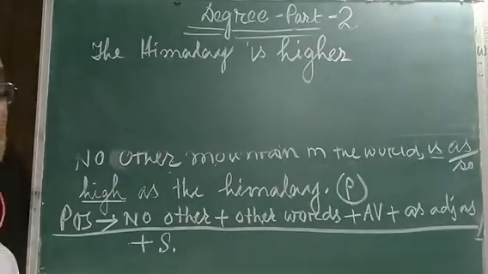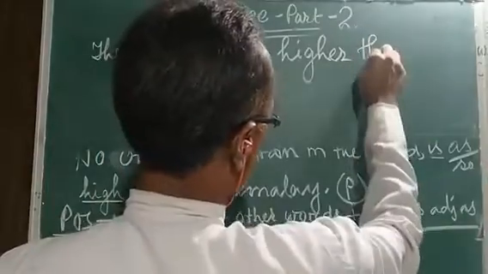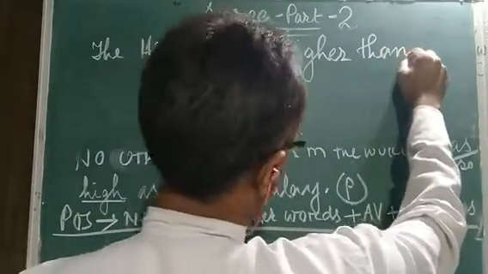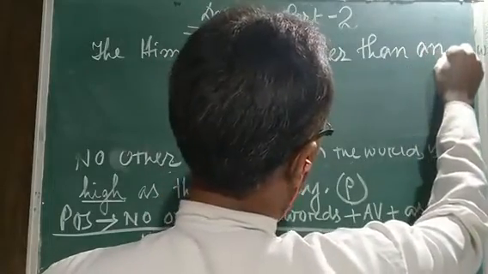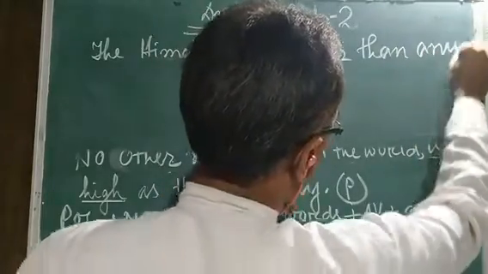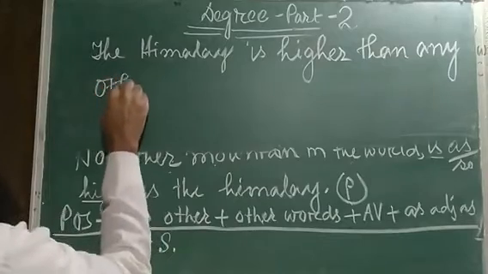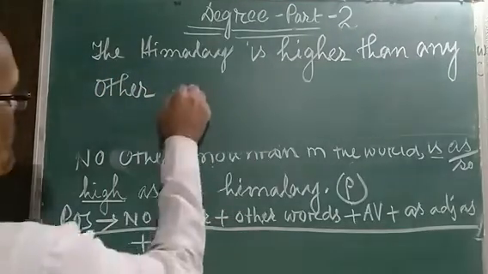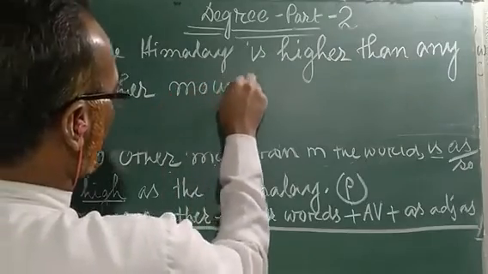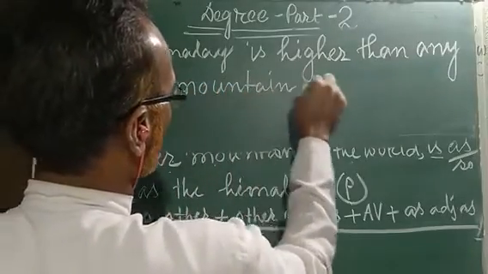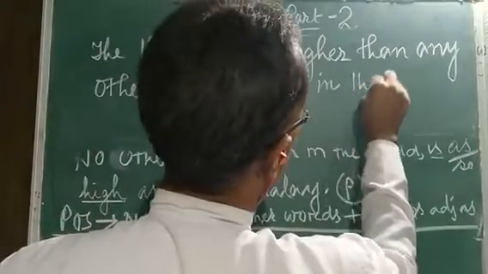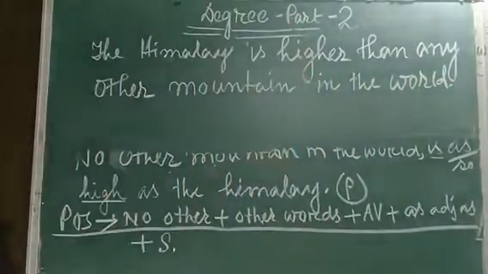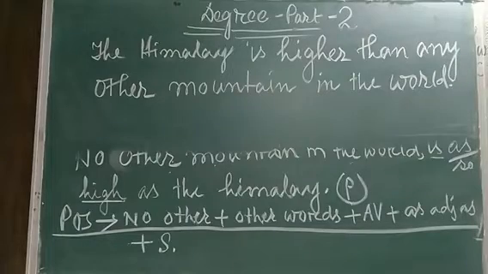After "higher", we must write "than". The Himalaya is higher than, and we have to bring a new phrase, "any other". The Himalaya is higher than any other mountain in the world.